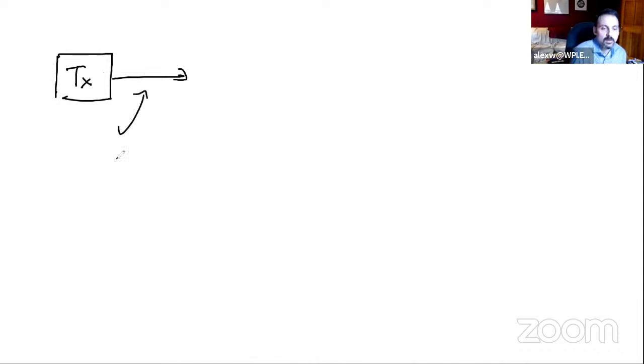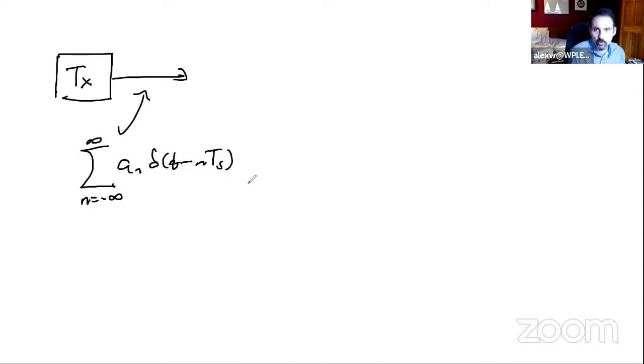So remember I have that transmit block, TX block. That's going to be equal to the summation of a_n delta(t minus nT_s), correct?